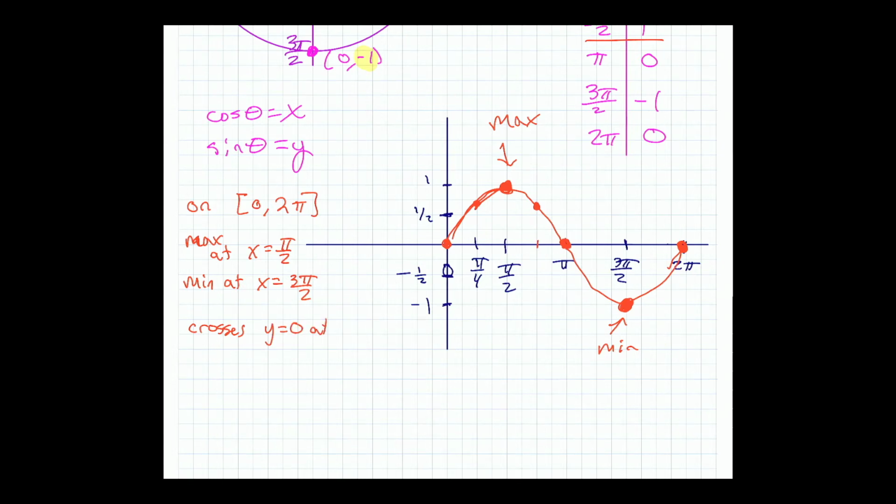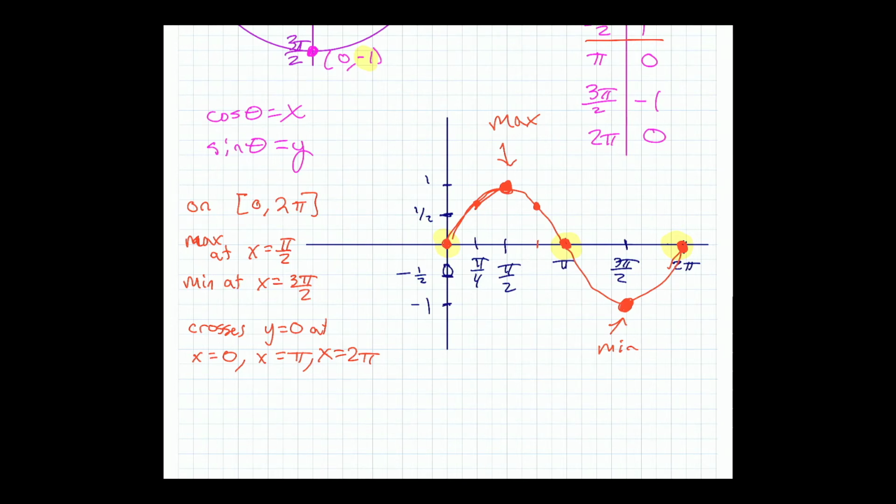There's one at 0, one right here, and one right here. 3 places where it goes through 0: x equals 0, x equals pi, x equals 2 pi. That's a little summary of what that graph does.